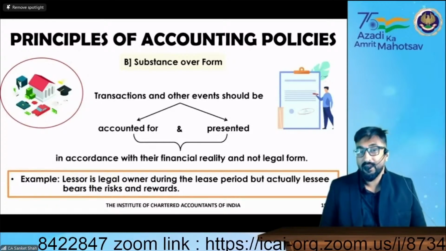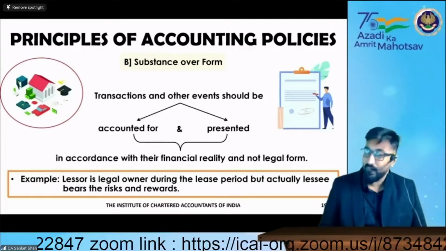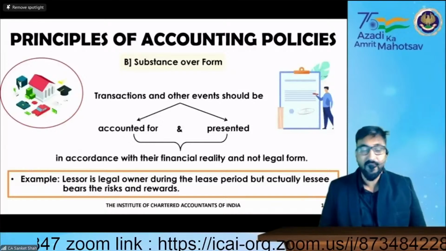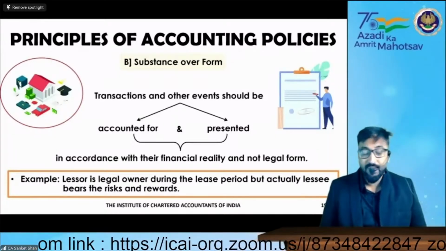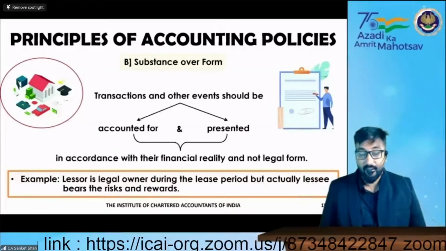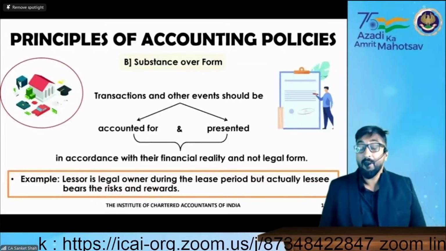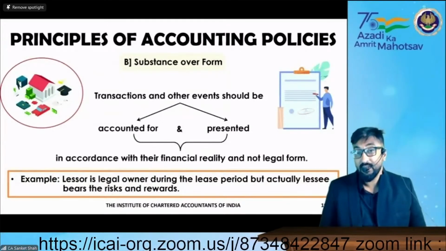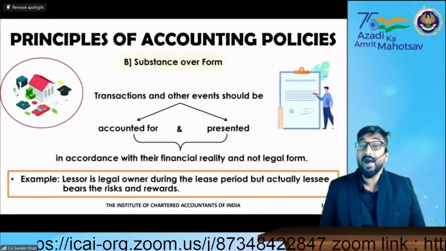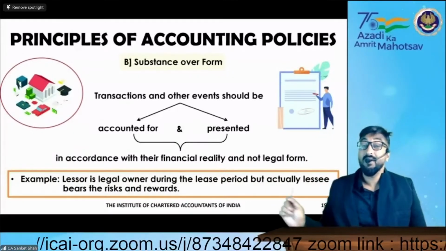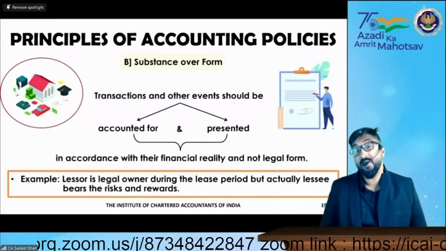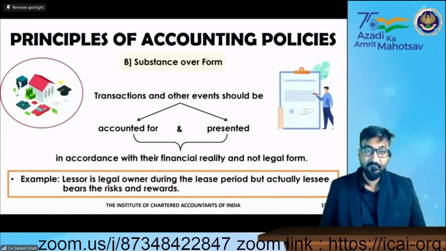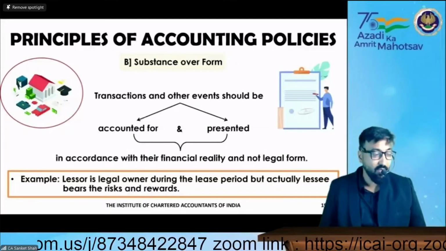So he records the asset in a finance lease. Now what is finance lease and operating lease? I will explain it in AS19. Don't worry. So lessor means who is the legal owner, and lessee is the person who is taking the asset on lease. But still he will record it as an asset. Who? Lessee. Legal ownership is not important. So why? We will try to understand it in AS19. Just recall this principle.